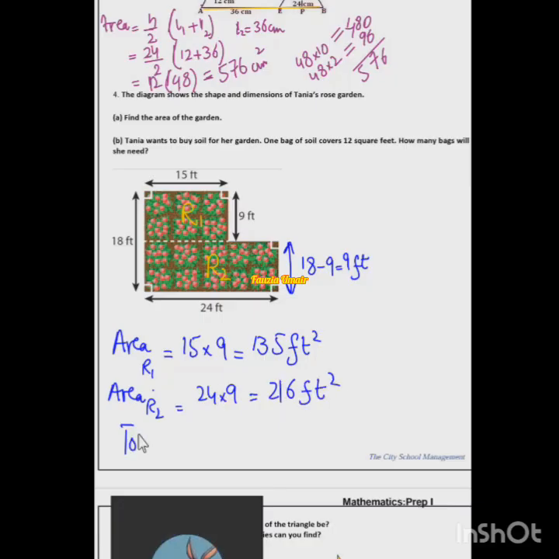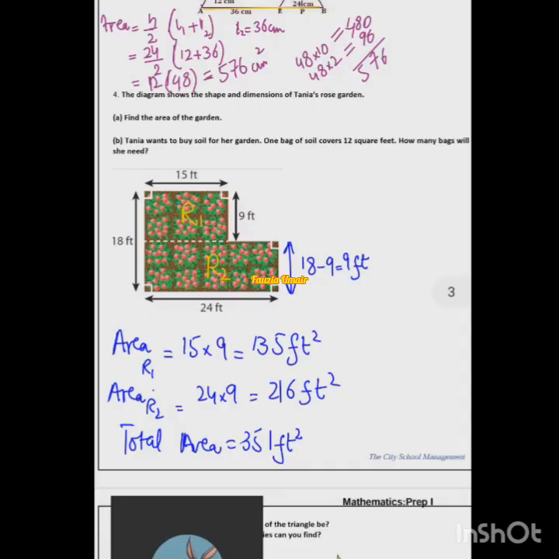So what is the total area of the garden? 135 plus 216 is 351 square feet, right? Now we know that we divide the total area.